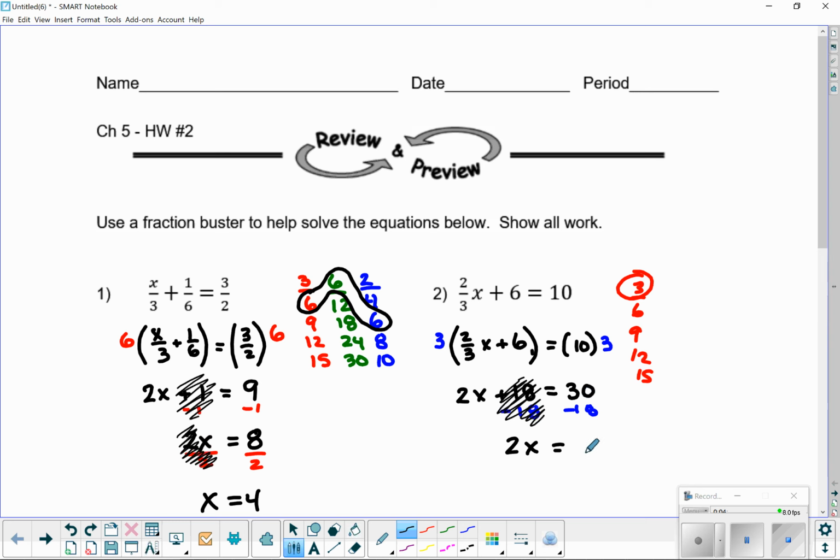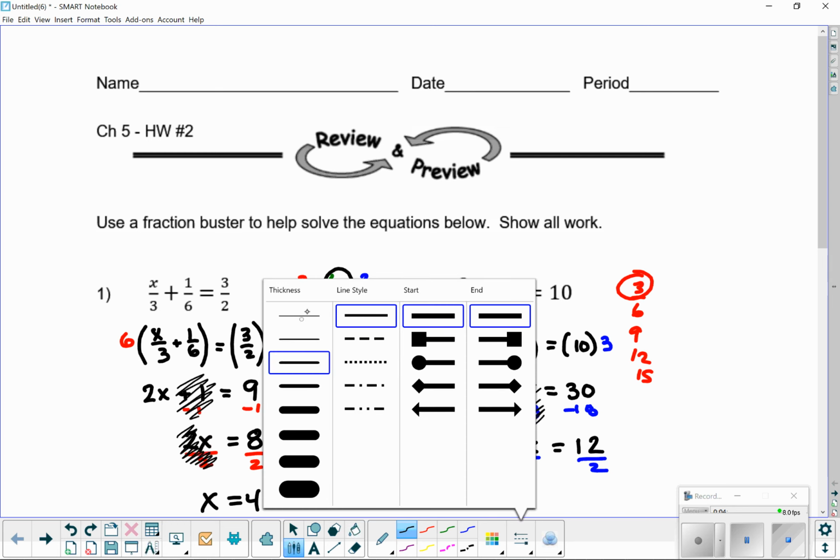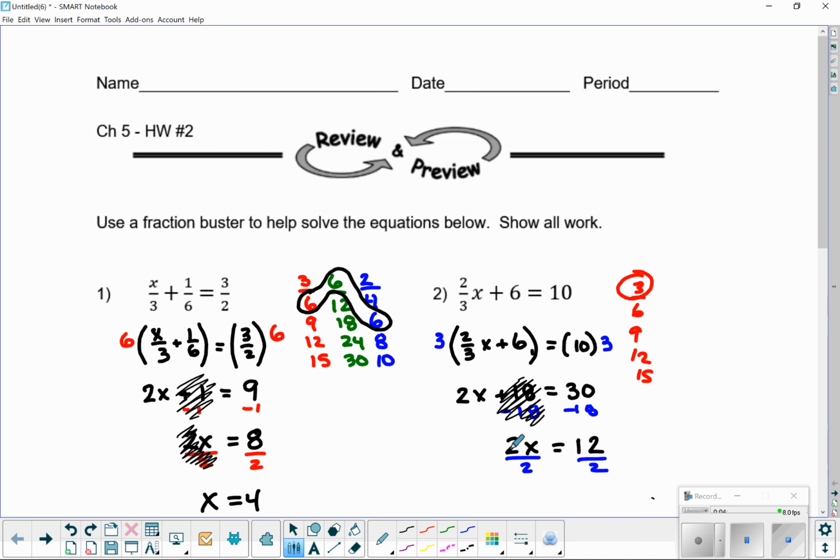That's going to give you what, 12? Okay, and then you're going to go ahead and divide it by 2. And that's going to give you, 2 is going to cancel out. That's going to give you x equals 6. That's your answer.